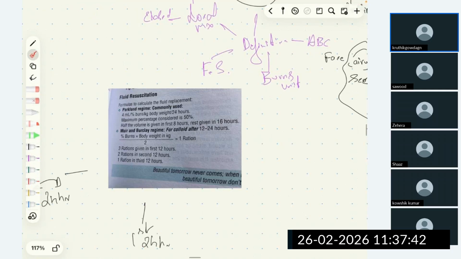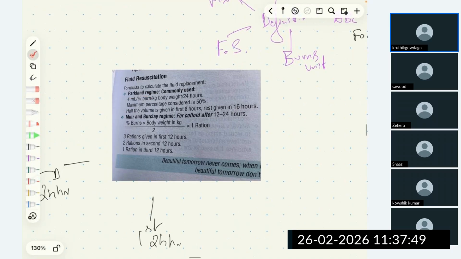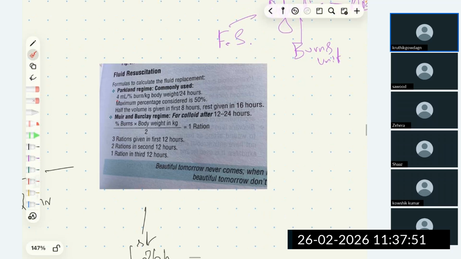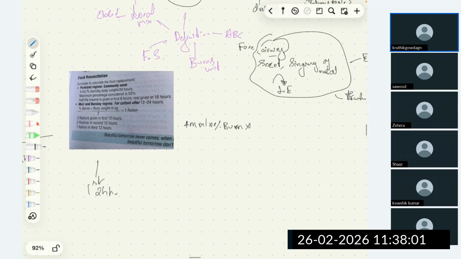We have Parkland's formula for this, Parkland's regime, that is most commonly used: 4 ml into percentage of burn. How to calculate percentage of burn, we already saw. And then into body weight for 24 hours. This much fluid is required for 24 hours. That is 4 ml into body weight into percentage of burn for 24 hours duration.